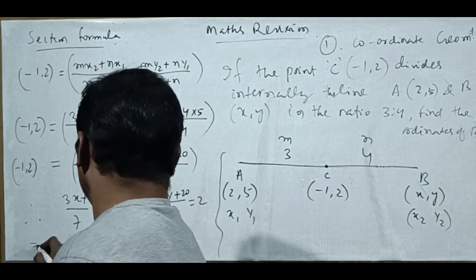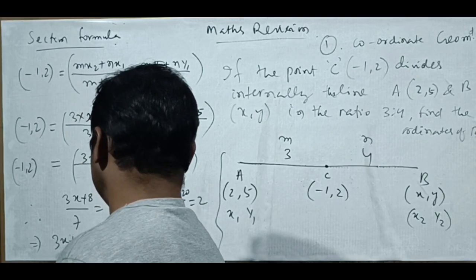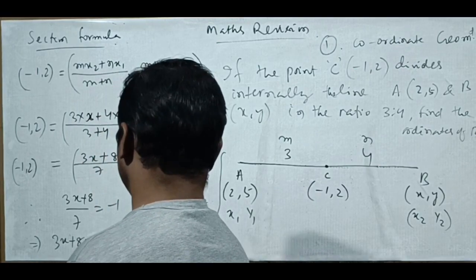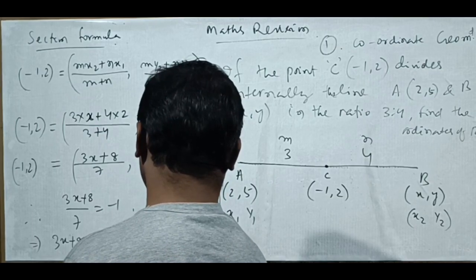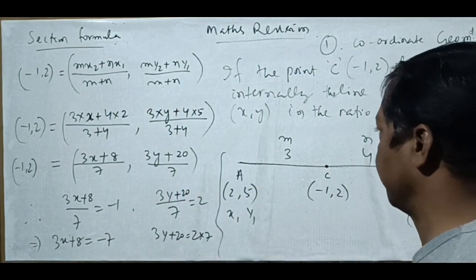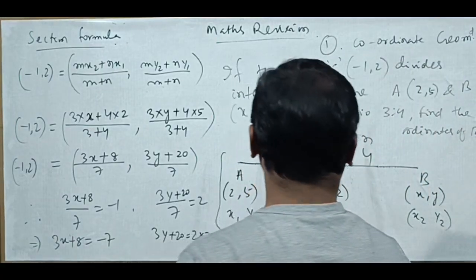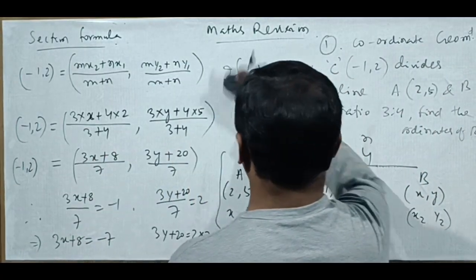Now calculate. 3x plus 8 equal to 7 into -1, which is -7. Similarly, 3y plus 20 equal to 2 into 7. Let's calculate here.